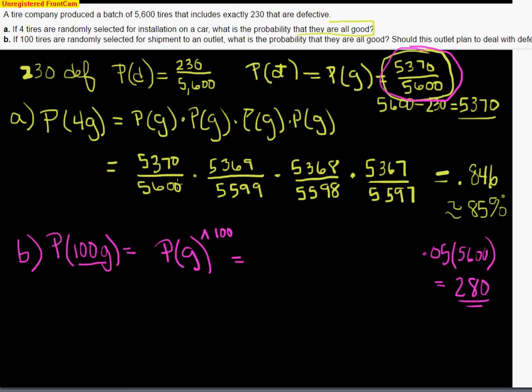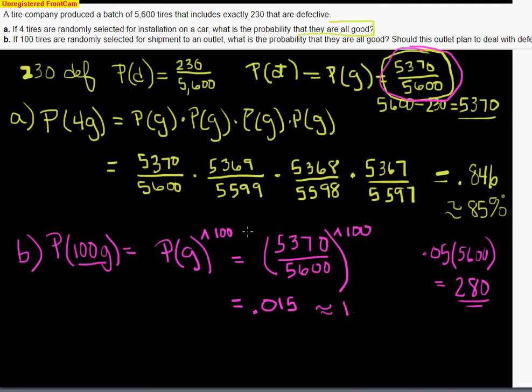In this case, the probability of one good tire is 5,370 over a possible 5,600, and I'm going to put that to a power of 100. Normally we don't write that caret sign. I'm just doing that so that you know how to plug it into your calculators. If you do that on your calculator, you should get a value of 0.015.